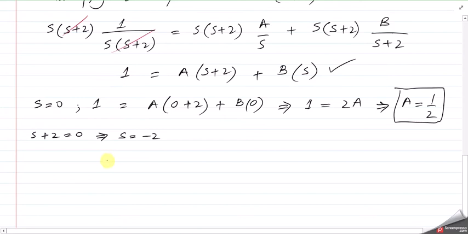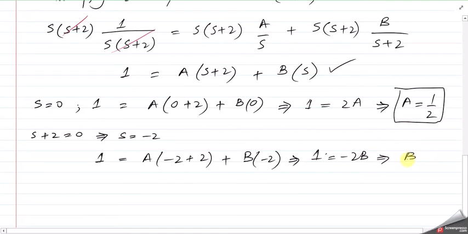So that gives 1 equals A times minus 2 plus 2, plus B times minus 2, that implies minus 2B, and that implies B equals minus 1 by 2.